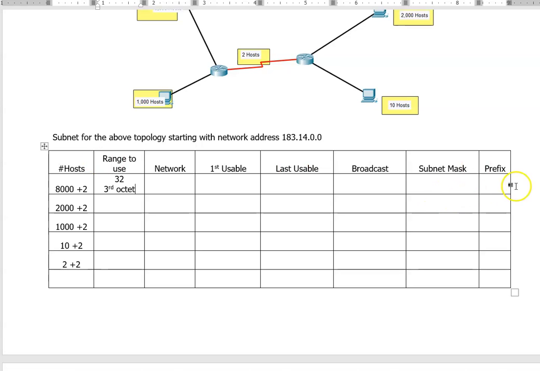If you look here, this has us borrowing 3 bits from the third octet, which gives us a prefix of 19. That's 8 from the first octet, 8 from the second octet for 16, plus these 3 is 19. And a subnet mask of 255.255.224.0.